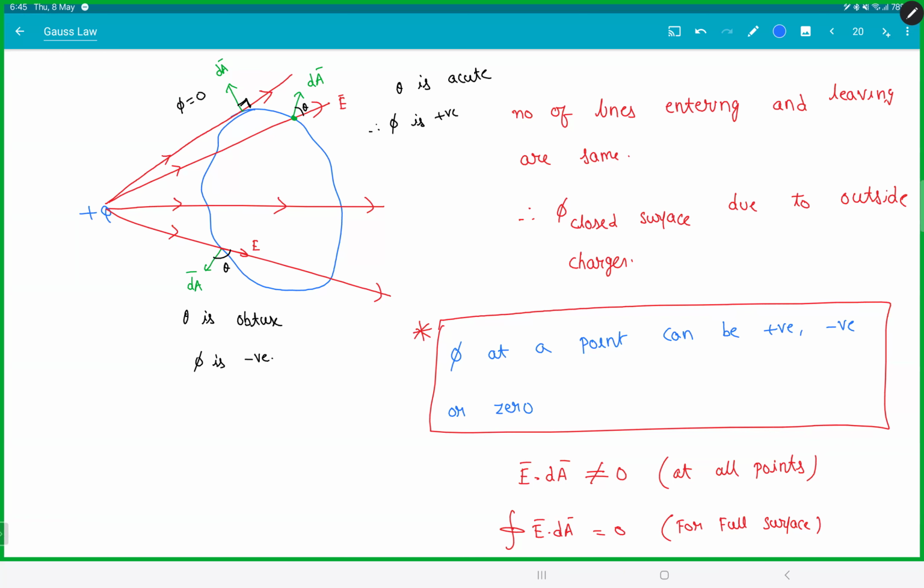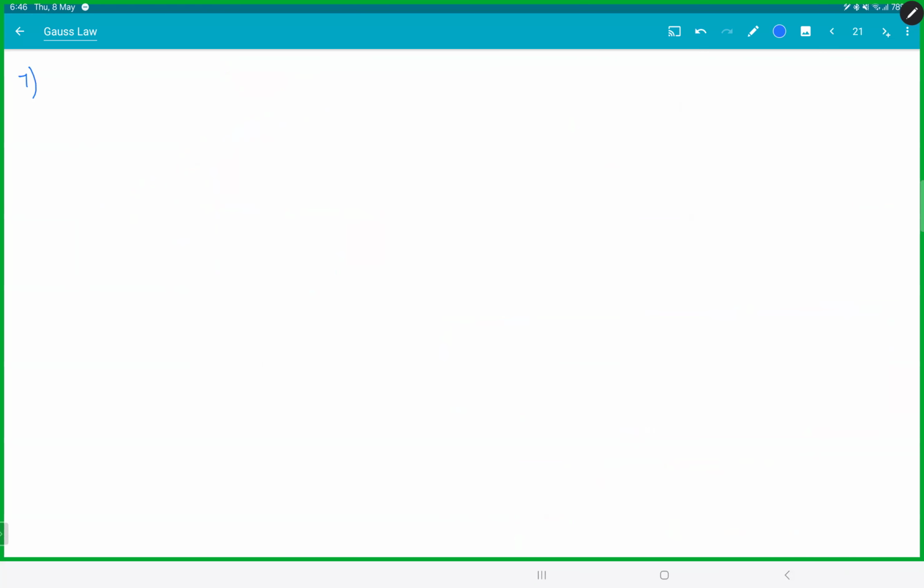Let's say a question. We have a square plate of side A. From the center, someone kept a charge plus Q perpendicular to the surface at a height A by 2.